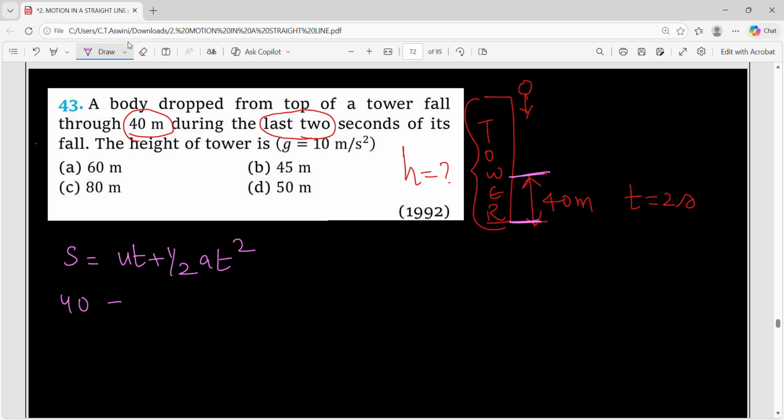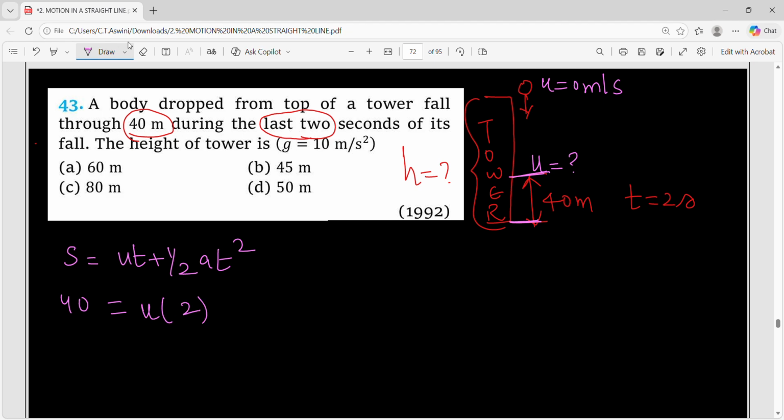Distance traveled is 40. And what is the initial velocity of the ball? For the entire height of the tower, initial velocity was 0. But for the last 2 seconds, for those 40 meters, initial velocity is not 0, right? So let us keep it on hold.